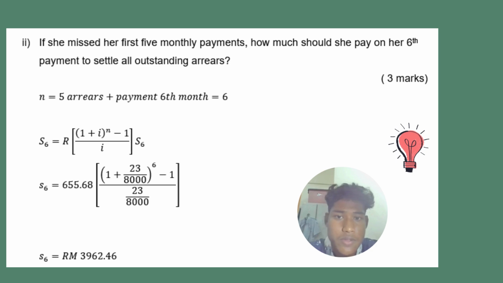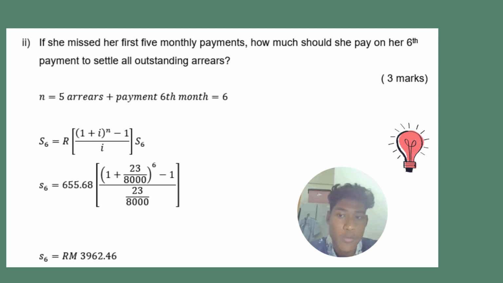If she missed her first 5 months repayment, how much should she pay on her 6th month payment to settle all outstanding arrears? To settle all outstanding arrears, we should use the future value formula. Why future value? Because we want to know how much she should pay on her 6th month. So the formula is S equal R open bracket 1 plus i close bracket power of n minus 1 over i close bracket.